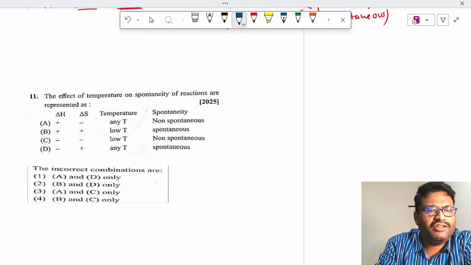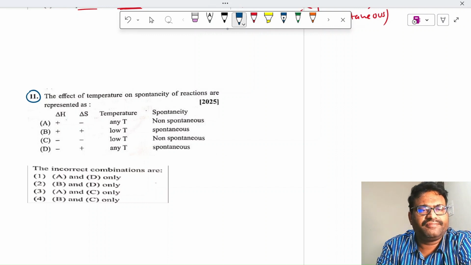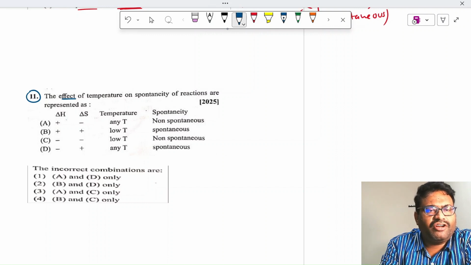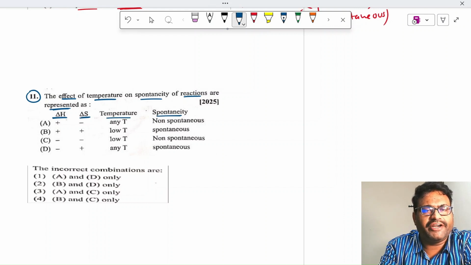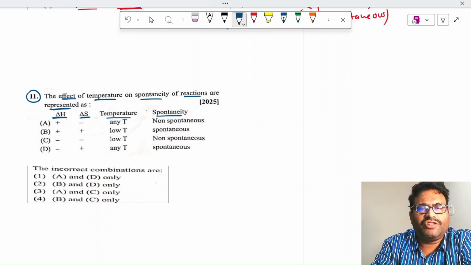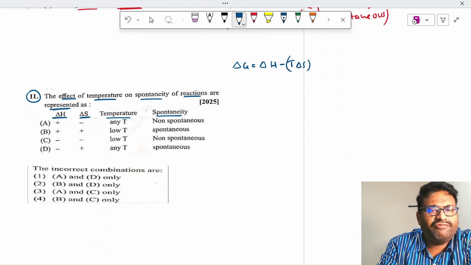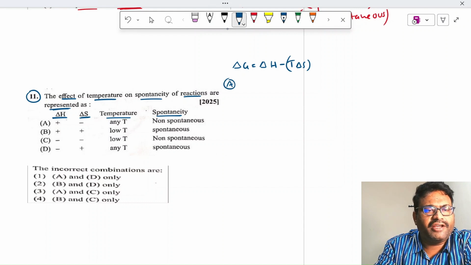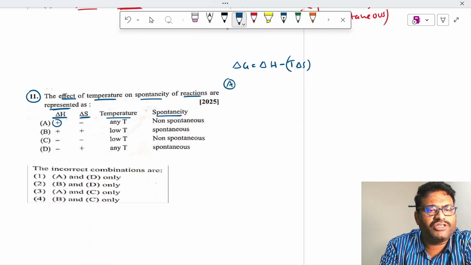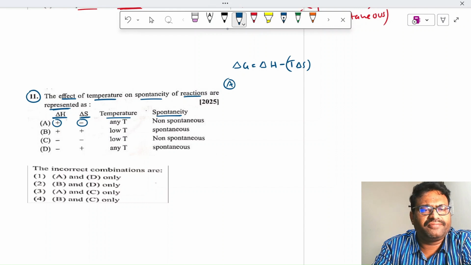Next, let us see question number 11. The effect of temperature on spontaneity of reactions is represented as delta H, delta S, temperature and spontaneity. We know that delta G is equal to delta H minus T delta S. Here, let us take option A. In option A, delta H is positive, delta S is negative.